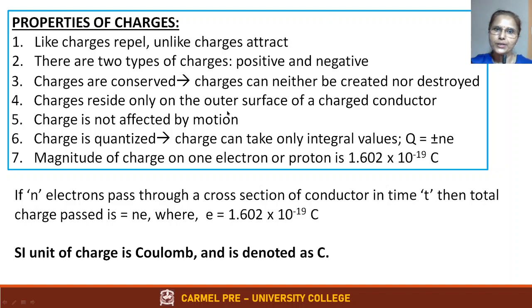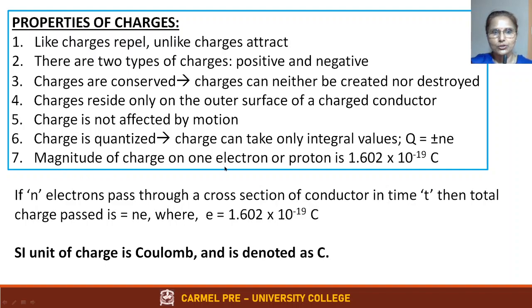Charges reside only on the outer surface of the charged conductor. Charge is not affected by motion. If you move it, it doesn't lose anything. Charge is quantized, means it will always appear in whole numbers, like 20 or 45, not 20.5, not 45.25, not in fractions, always in whole numbers.